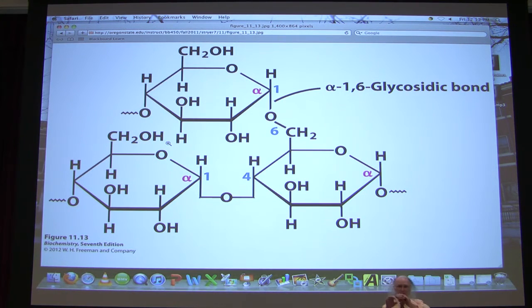Glycogen is a polymer of glucose with alpha 1,4 chains, but about every 10 glucoses, we see a 1,6 branch. So now instead of having something that's very long and linear, we have something that's forked and forked and forked and forked. About every 10 residues, we find another fork.